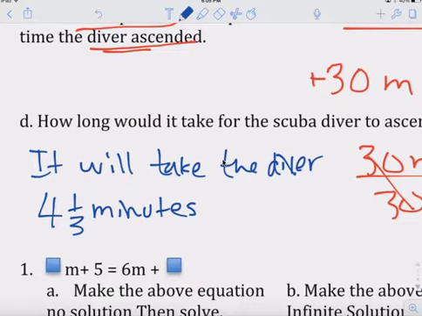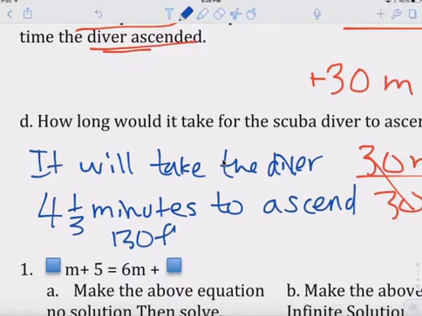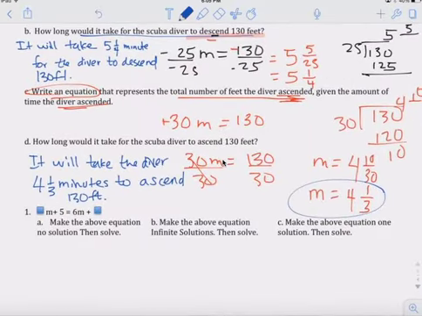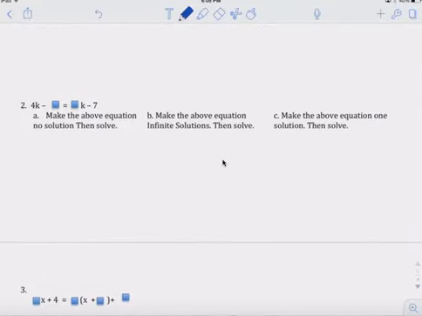It will take the diver 4 1/3 minutes to ascend. Ascend means to go up 130 feet. Okay, we did number 1 and 2.